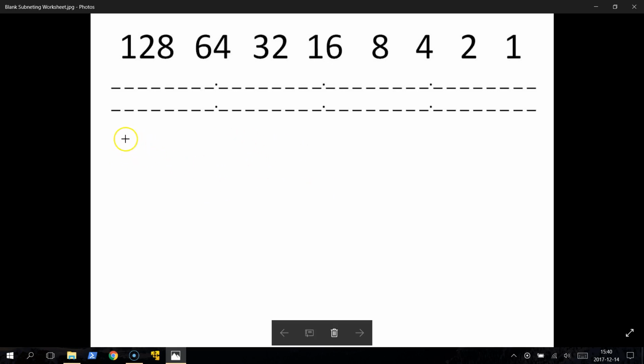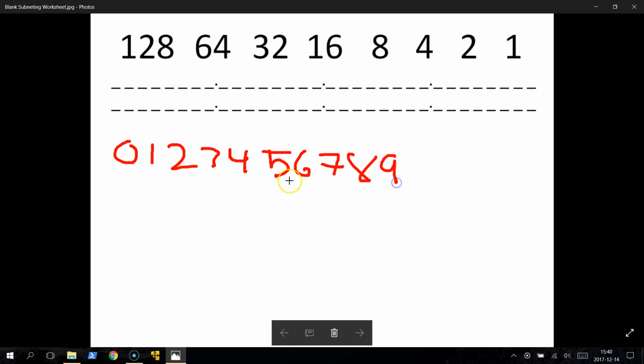The binary system is simple to remember. We're used to the decimal system: 0, 1, 2, 3, 4, 5, 6, 7, 8, 9, right? Once we hit 10, we run out of numbers to use.